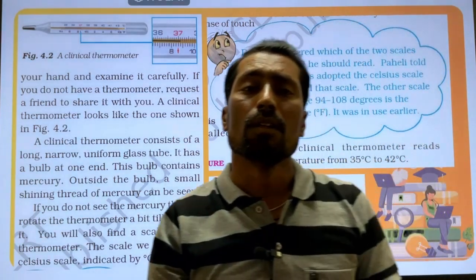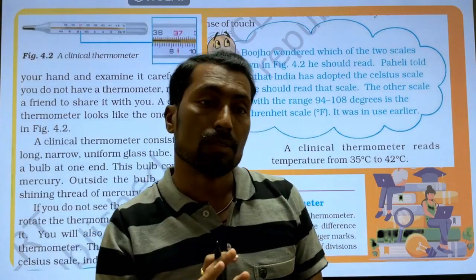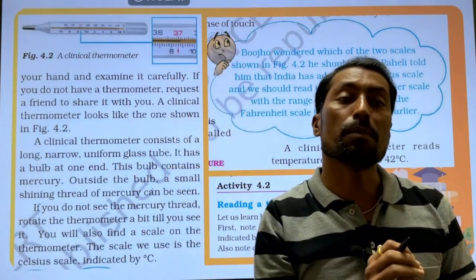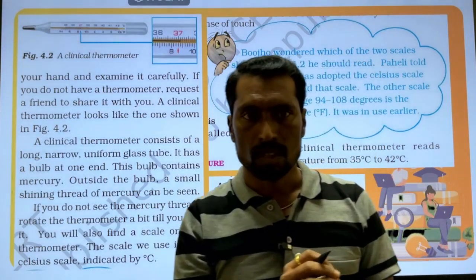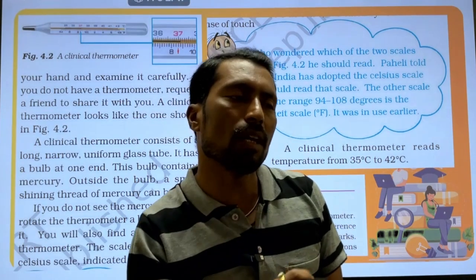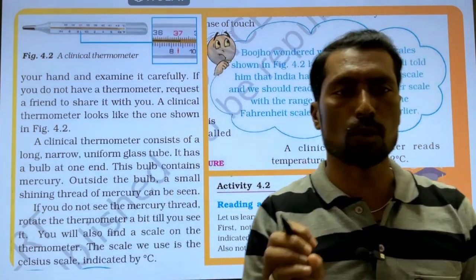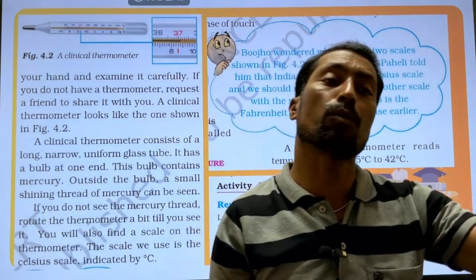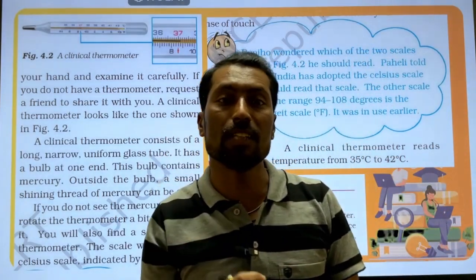After that we discussed the sequence of temperature and heat. If I touch an object with my skin, I can analyze whether the object is hot or cold. But this sense is not reliable.